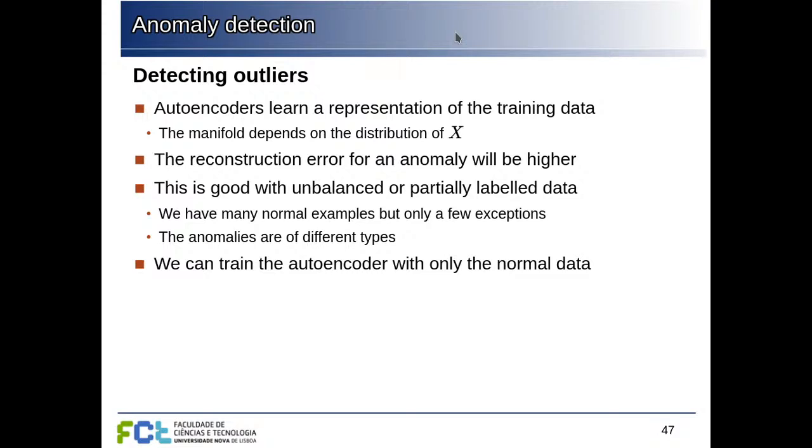And then if something strange occurs, even if you don't know at the beginning what it could be, and you never trained the network to identify those strange examples, since the network was trained only with normal examples, then it's likely that the reconstruction error for this anomaly will be higher. And so you can use the reconstruction error to detect these outliers, these anomalies, even if the network was only trained with the regular examples. So this is one application for autoencoders to detect anomalies or outliers in our data.